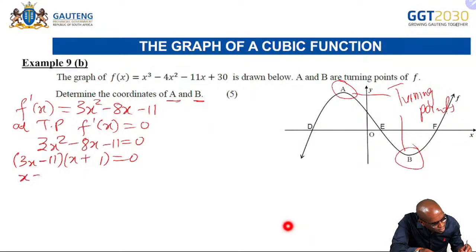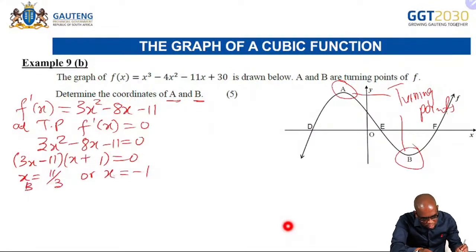So x is equal to 11 over 3, or x is equal to minus 1. You can see that 11 over 3 is the one that is positive, so that is x at B, and minus 1 is the x value that is negative, so that would be the x at A.